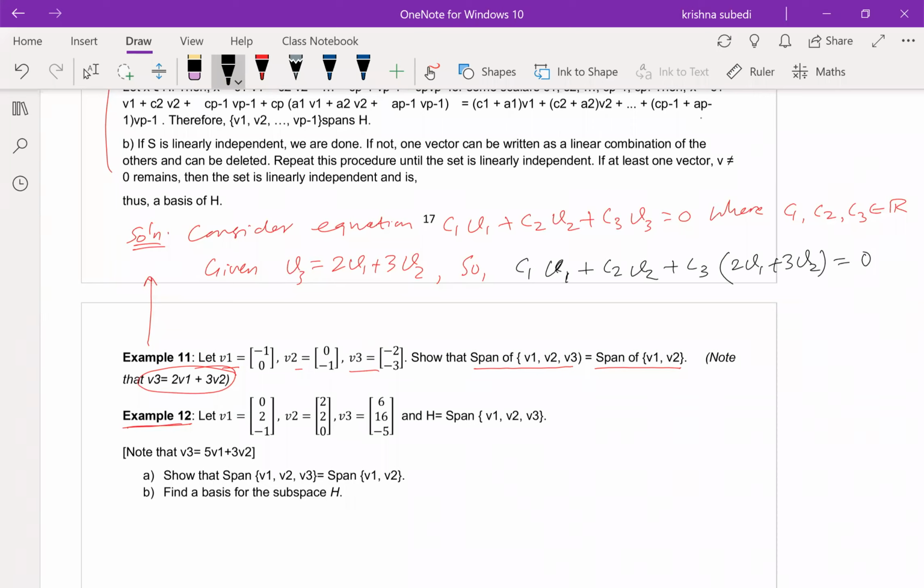Now, if you simplify this, what you can write is (c1 plus 2c3) v1 plus (c2 plus 3c3) v2 equal to 0.